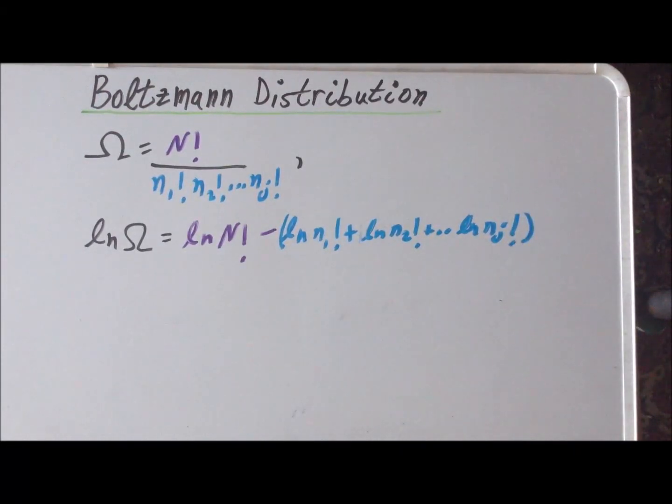Here we're able to achieve a couple of very useful things: we convert omega into the natural log of omega, and in the process we've turned a division and multiplication problem into an addition and subtraction problem. Now we have an expression for the natural log of omega in terms of capital N and these small n sub 1, n sub 2, n sub j's.